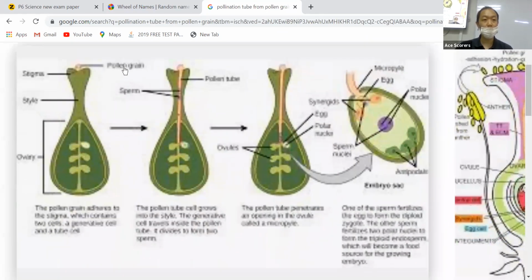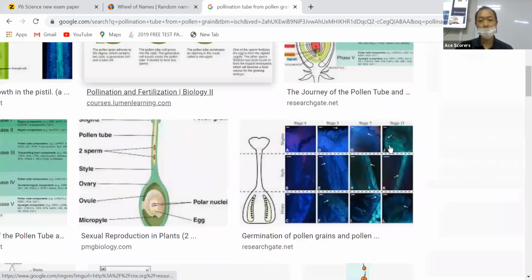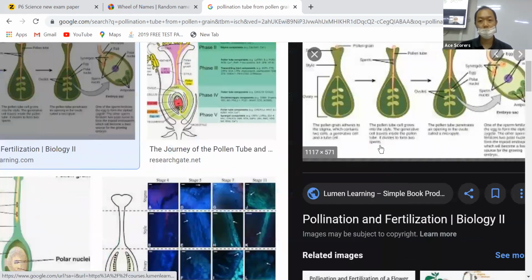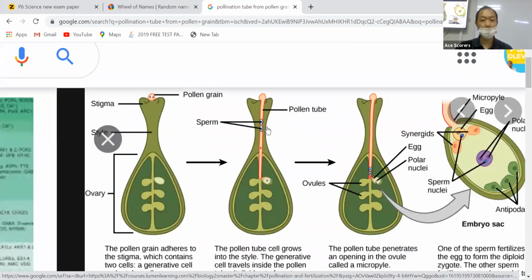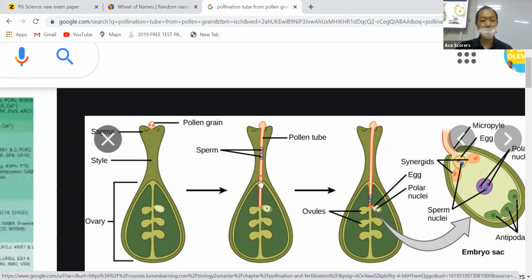So you see this thing? Pollen grain lands here, right? Then you can see the tube will go in and try to reach the ovule. Once it reaches the ovule, that's where you get fertilization. But the process of the pollen grain coming here and this tube growing down is pollination.